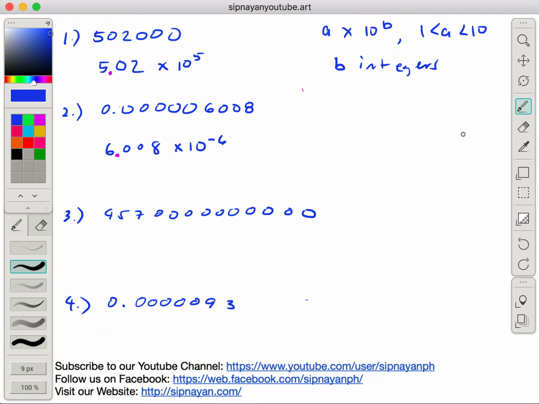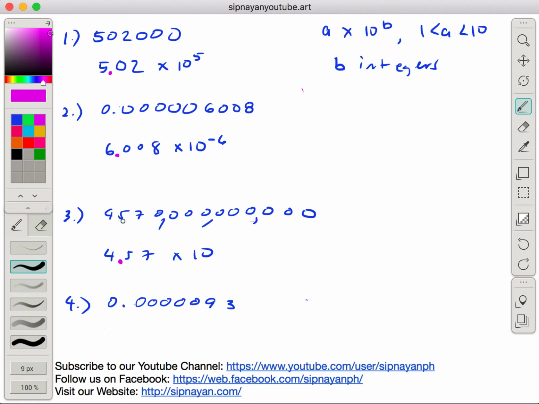Next, we have 4, 5, 7. Tapos ilang zeros yan? That's 10 zeros. So 4, 5, 7, again, times 10. Again, we place the decimal point dito such that 4 na lang yung maiiwan sa kaliwa. And then the number of movements from here papunta doon sa dulo: 1, 2, 3, 4, 5, 6, 7, 8, 9, 10, 11, 12.